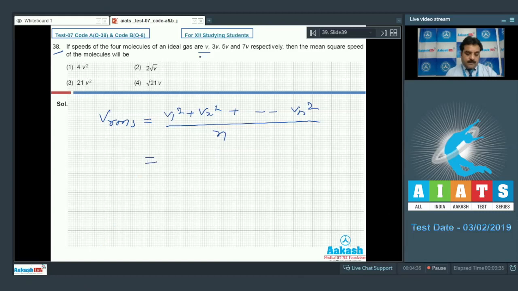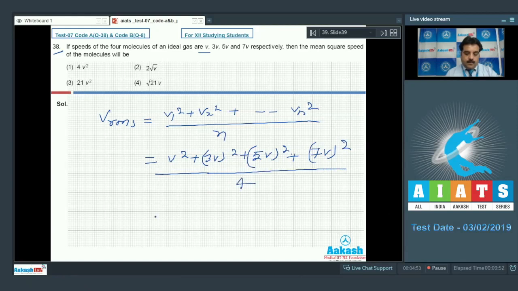V1 is V, V2 is 3V, so V square plus 3V whole square plus 5V whole square plus 7V whole square, divided by the number of molecules, which is 4. On solving you will get 21 times V square. So my option number 3 will be the right choice.